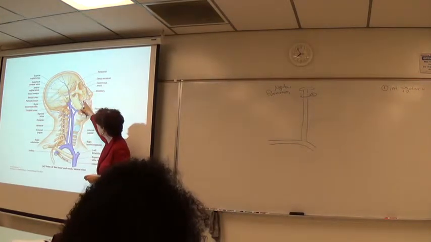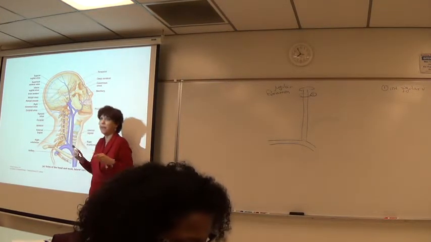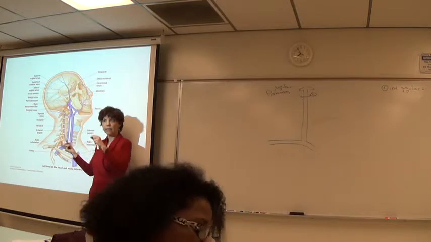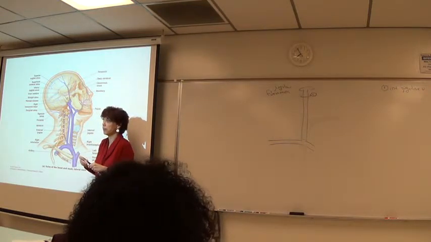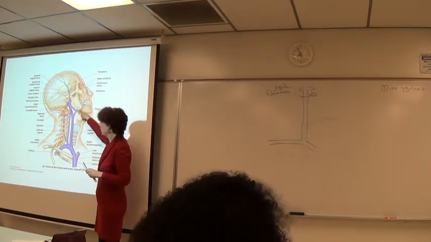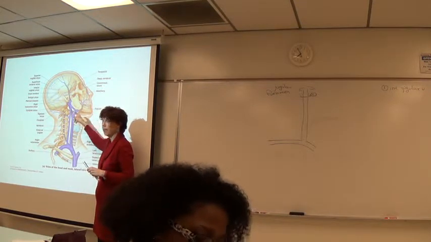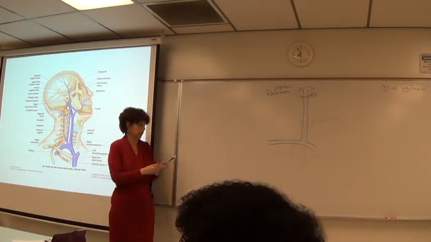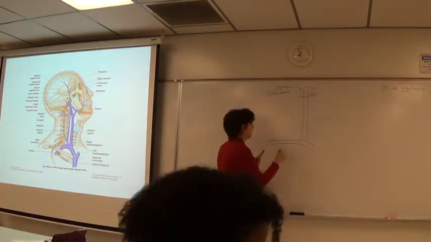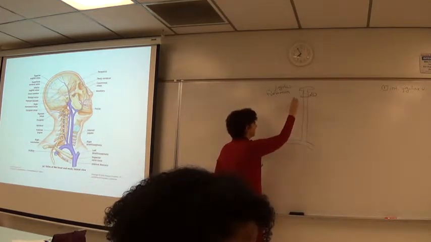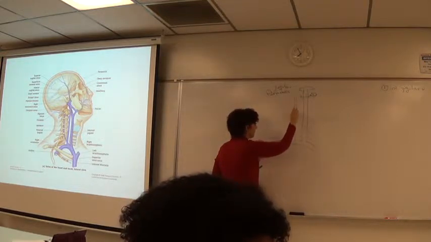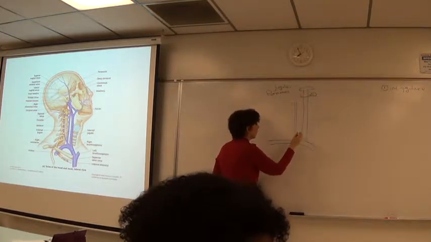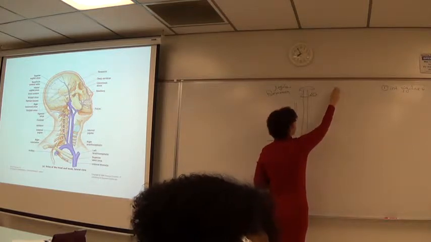An external jugular is receiving many of the same vessels that were formed by the external carotid, with one major exception, and that is the facial. Facial can go either direction, so let me draw in the external jugular here for just a second. And here's facial.